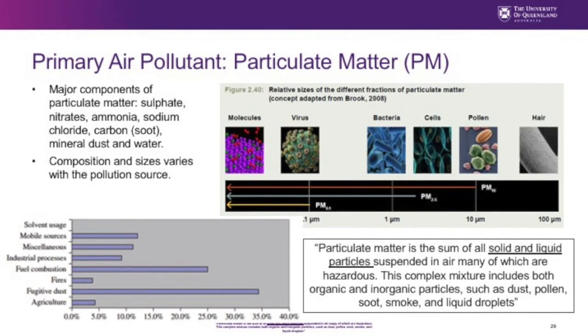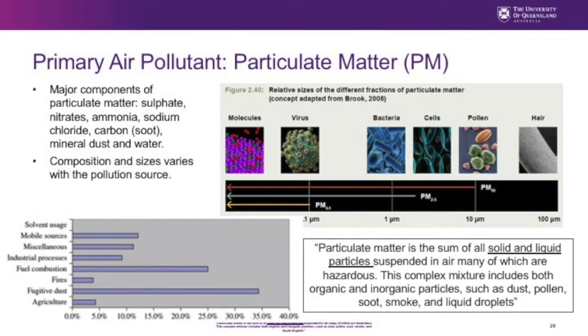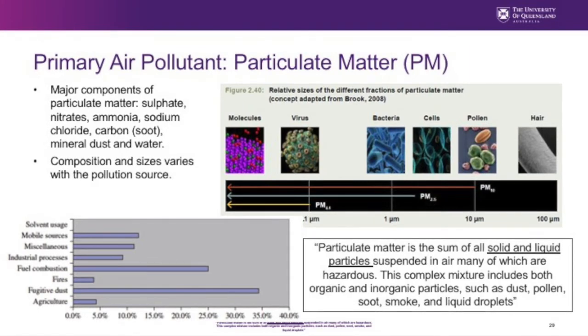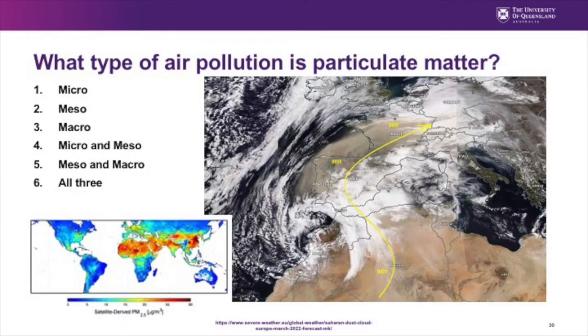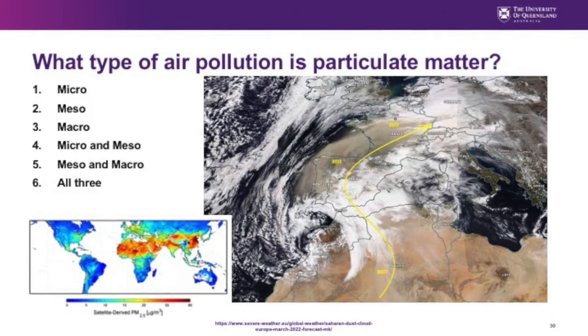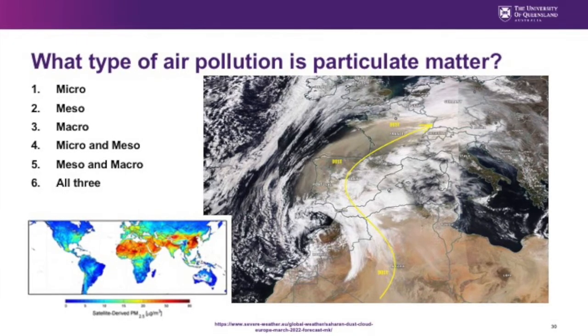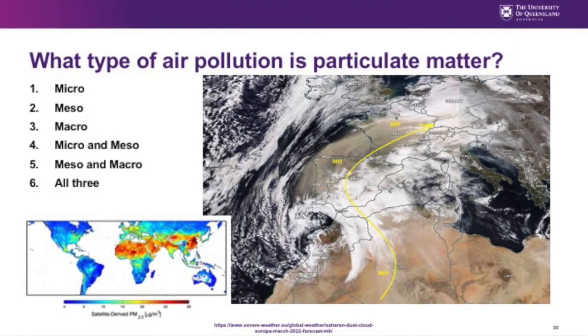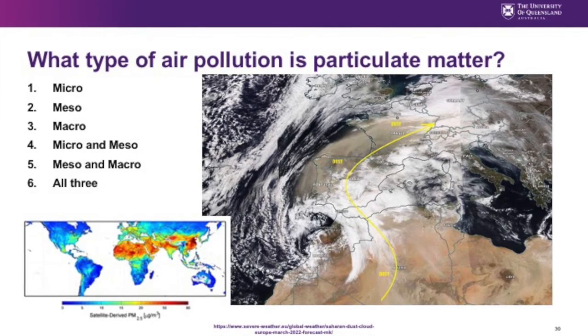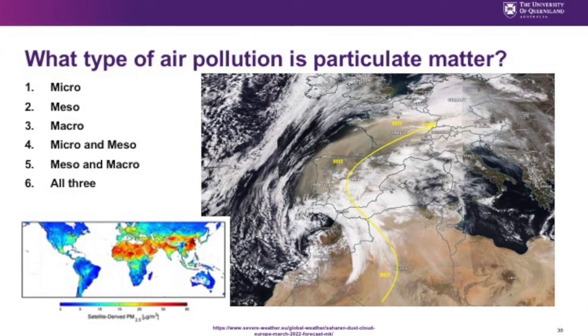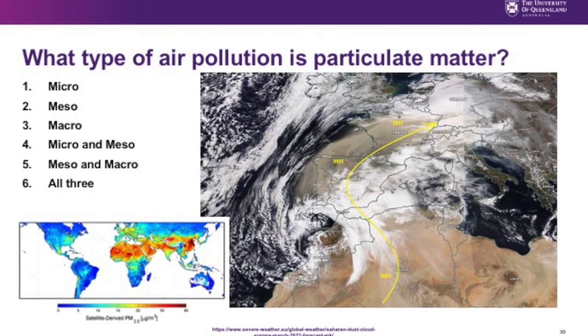It is worth mentioning that some of this particulate matter can be formed in the atmosphere due to some photochemical processes. So when we're talking about air pollution as particulate matter, we need to know that this type of pollution can be even at macro scale, not only at meso or micro scale.